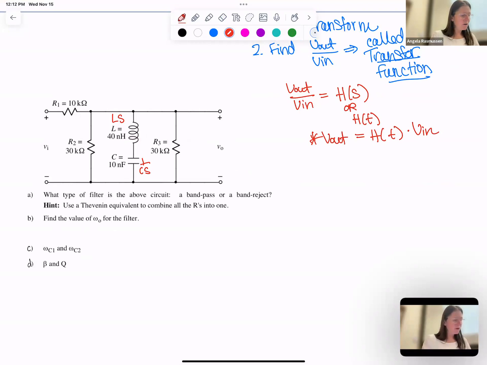Again, I like node voltage, so I'm going to change this to node voltage, and I'm going to put my ground on the bottom. So it becomes V out over 10K plus VO over 30K.